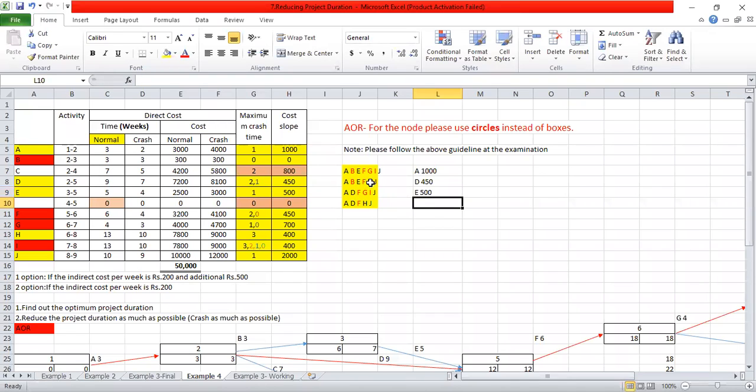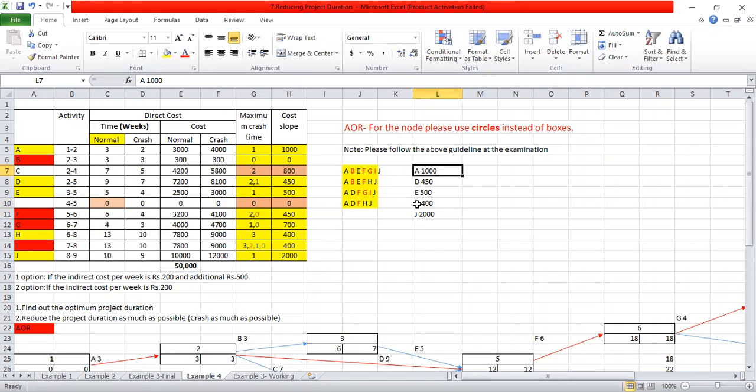H is not common, but H is having 400. J is having 2000. J is common, right? We are not going to crash J. J is 2000. A is 1000.